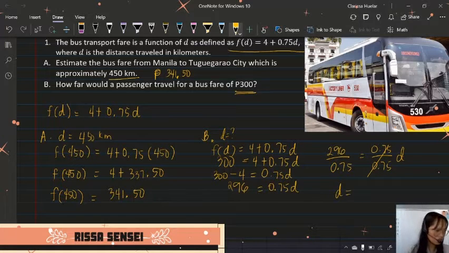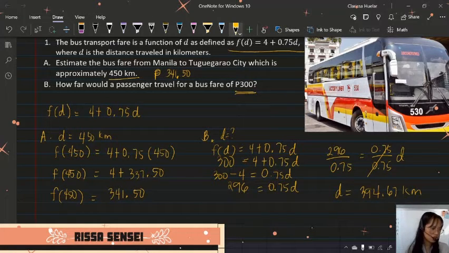D is equal to 296 divided by 0.75. Okay, so that's 394.67 kilometers. Tama ba?